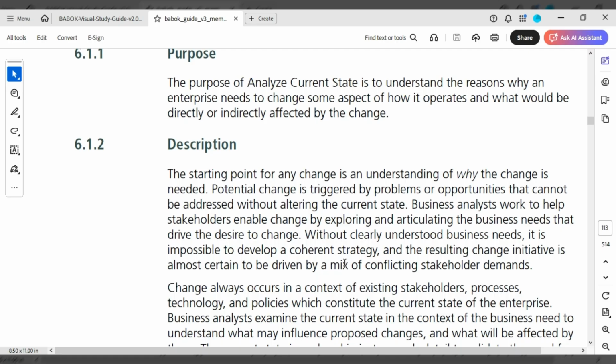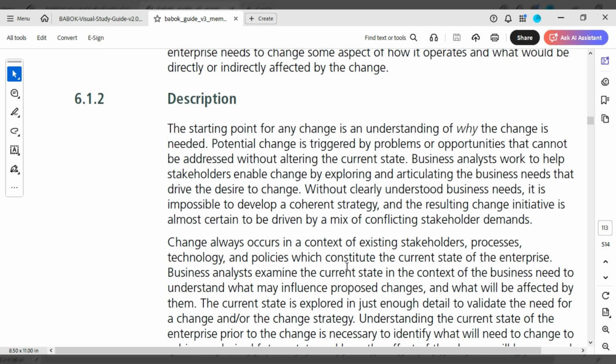Okay, business analysts work to help stakeholders to enable change by exploring and articulating the business needs that drive the desire to change. So you come in, you try to understand the business need, you articulate it, and you know how to drive this change, or the desire. Without clearly understood business needs, it is impossible to develop a coherent strategy, and the resulting change initiative is almost certain to be driven by a mix of conflicting stakeholders' demands.